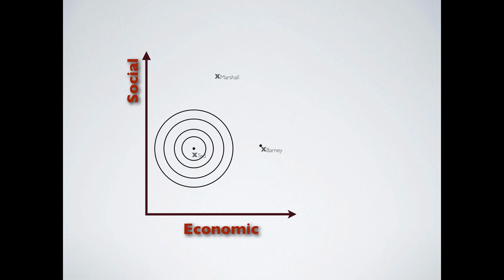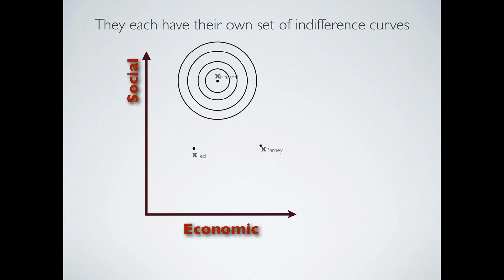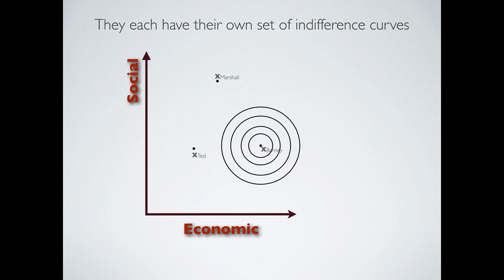And so Ted has a set of indifference curves. Here I've drawn 1, 2, 3, 4 hypothetical indifference curves for Ted. Marshall may have indifference curves that look something like this, and Barney has indifference curves that look like this. They all have single-peaked and symmetric utility functions, so they all have circular indifference curves, all right?